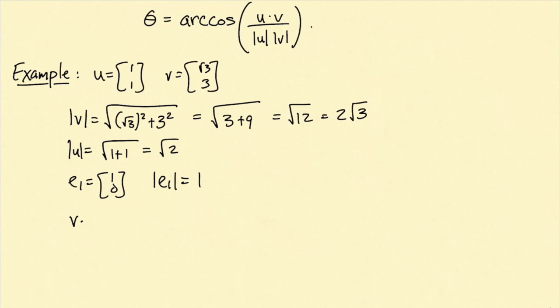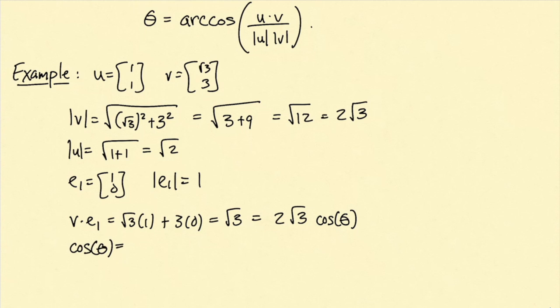We'll start off by computing the dot product of v with e1, which is equal to the norm of v times the norm of e1 times cosine of theta. We can replace the norm of v with twice root 3 and the norm of e1 with 1. If we divide both sides by 2 root 3, we see that cosine of theta is equal to 1/2.